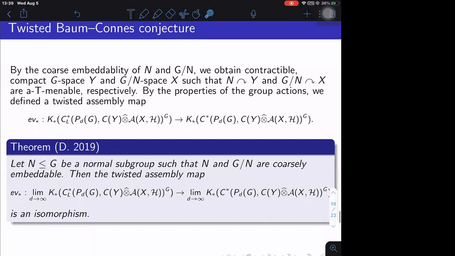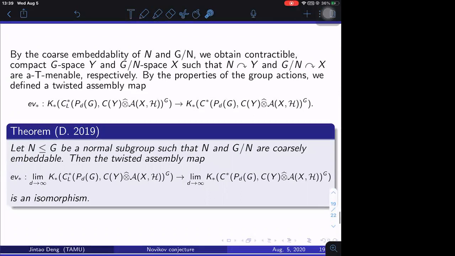Also, by the cutting and pasting machinery, if the normal group and the quotient group are coarsely embeddable, then such a twisted assembly map is an isomorphism. So here we actually prove a twisted version of the Baum-Connes conjecture.